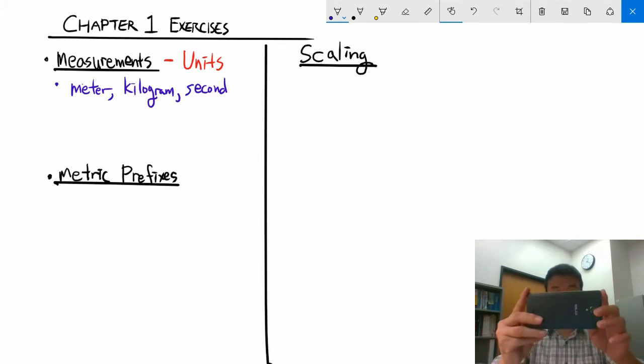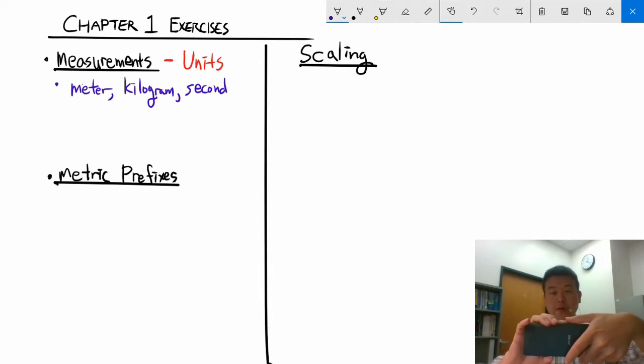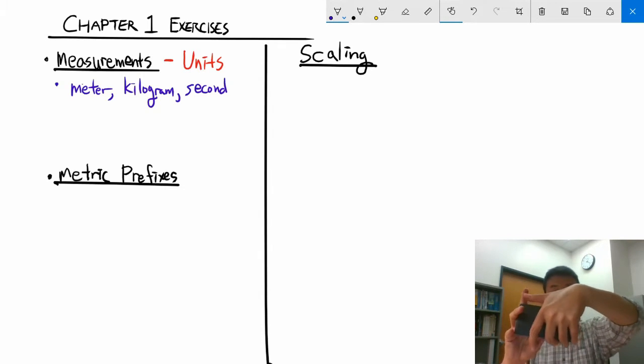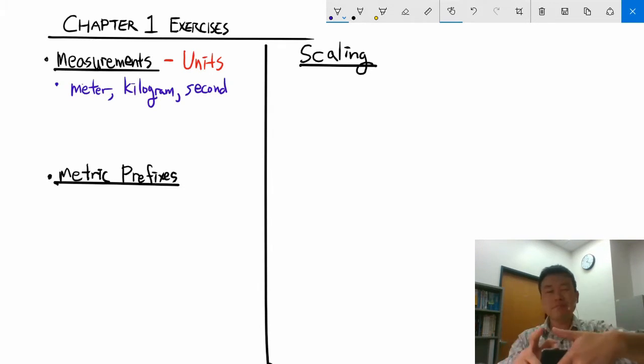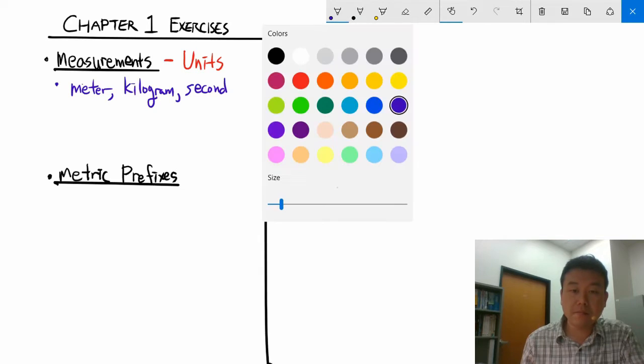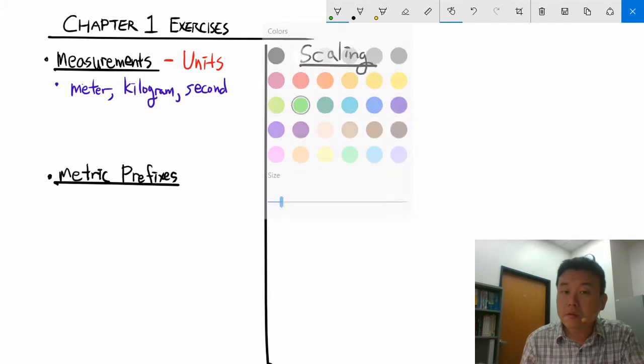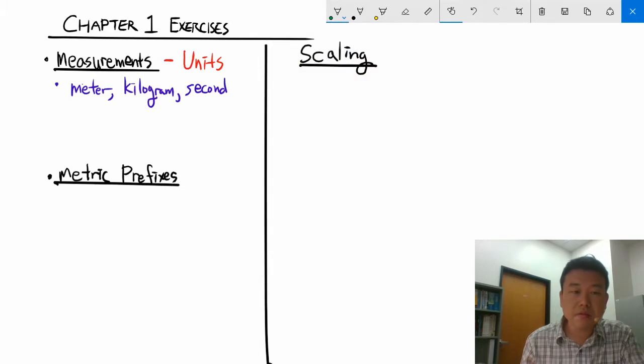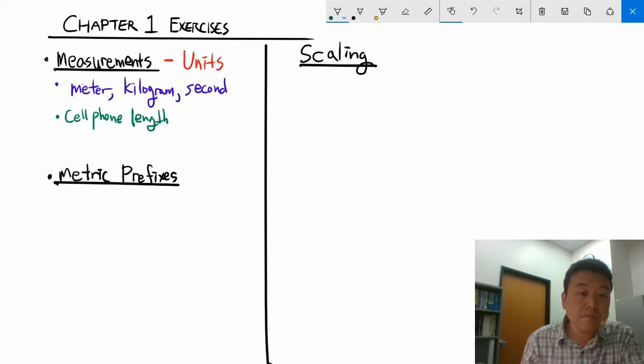To measure the length of the cell phone, I take my thumb, one thumb, two thumbs, and let's say 2.5 thumbs. So my cell phone length is equal to 2.5 thumbs. This is my unusual unit of measure.